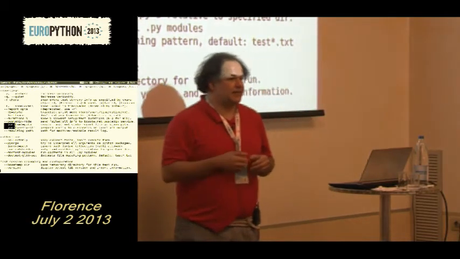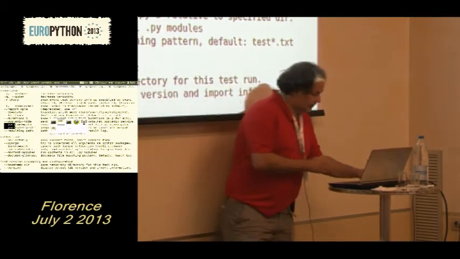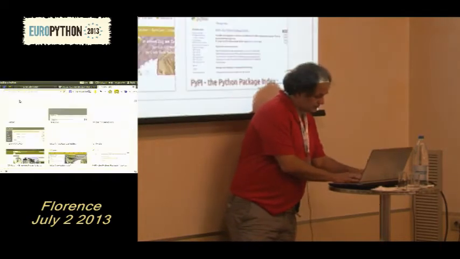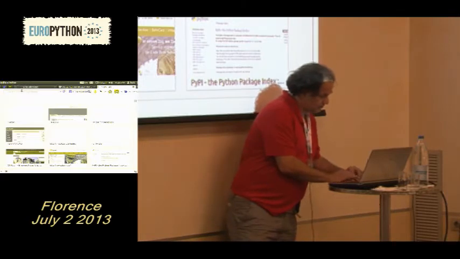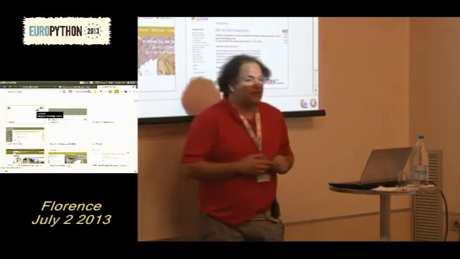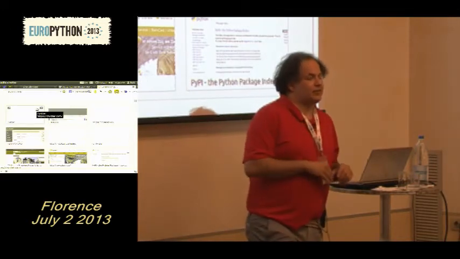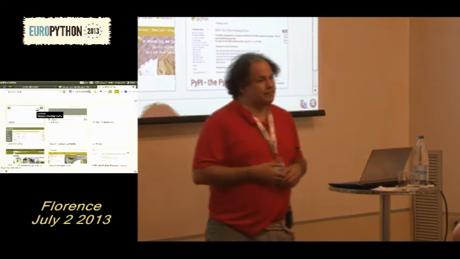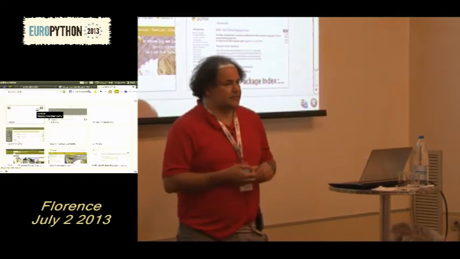And it explains many of these things. And on pytest.org, there's an example section that you can navigate on the right side that has lots of different examples for Jenkins and lots of things. Yeah.